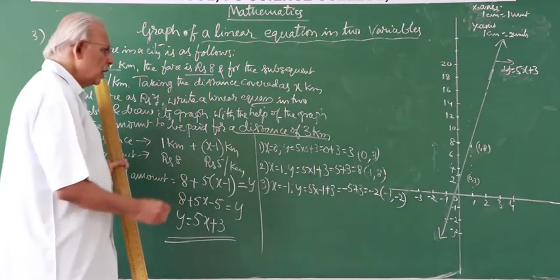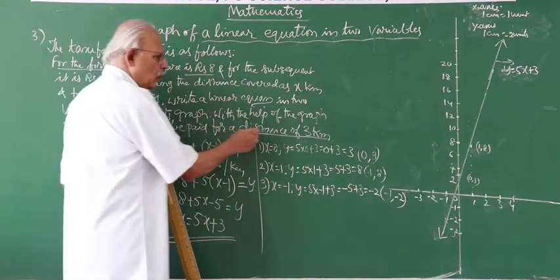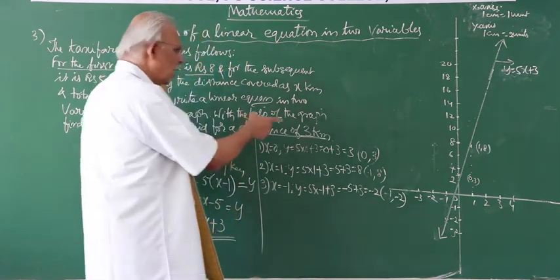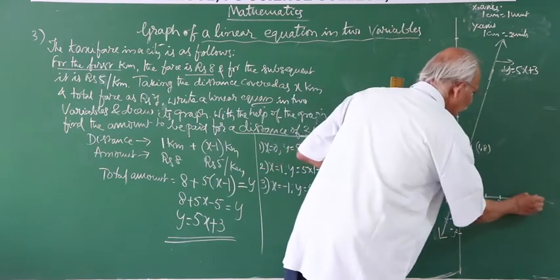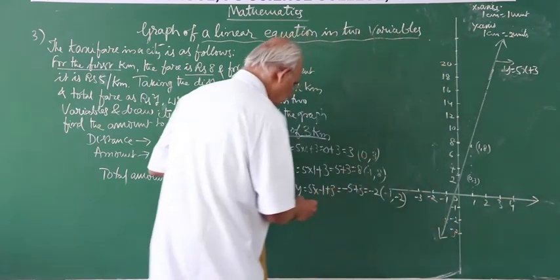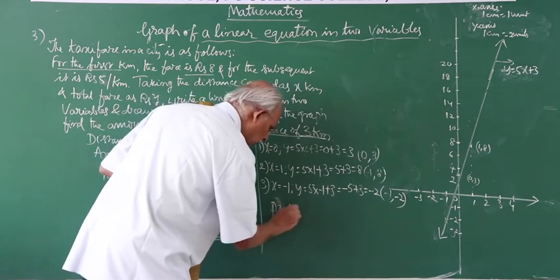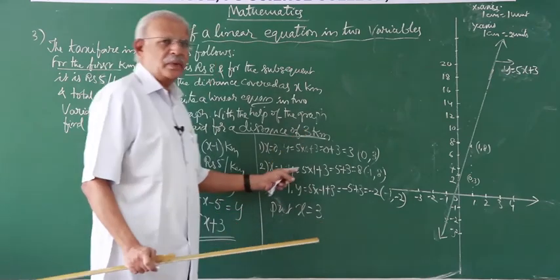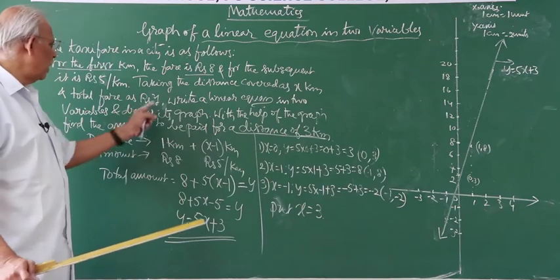Now look here, you have to find the fare, the amount to be paid for a distance of 3 kilometers. Here the distance is taken along the x-axis. So now put x is equal to 3. You should not find it directly by substituting. They have asked you to write a linear equation and draw its graph.